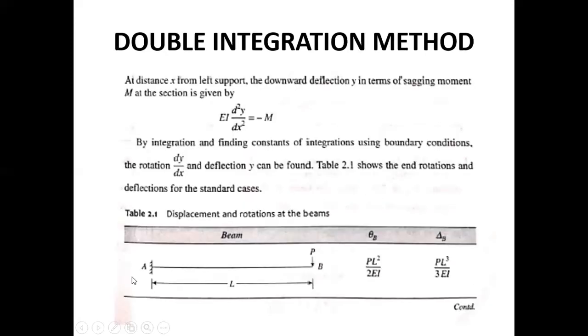For example, this is a beam, and theta B is the slope at B, which is PL square upon 2EI. In this case, this is a cantilever beam with a load P acting on the free end, and the downward deflection at the free end B will be PL cube upon 3EI.